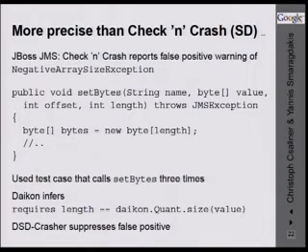exclude false positive warnings. In this case, we have something from JBoss JMS, where this particular method throws a negative array size exception if you pass in a negative value of length, and length is one of the parameters. So it seems like it should be part of the specification that you should not put a negative value for length inside that method, because you will get that negative array size exception.